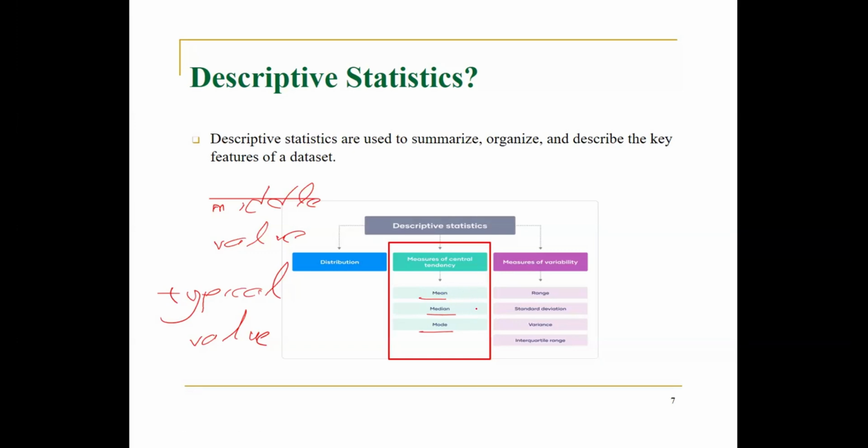Then the median is the middle value when we sort the data set in ascending or descending order, right? Then the mode is the most frequently occurring data point. So these three give us a quick snapshot of where the most data points are centered.